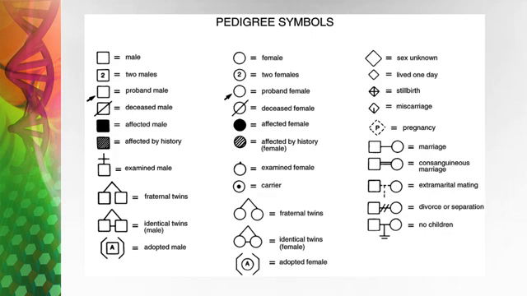If an individual has symptoms of the disease, then the symbol is filled in. Sometimes a half-filled symbol is used to indicate a known carrier of the disease. In this condition, he or she does not have any symptoms of the disease.